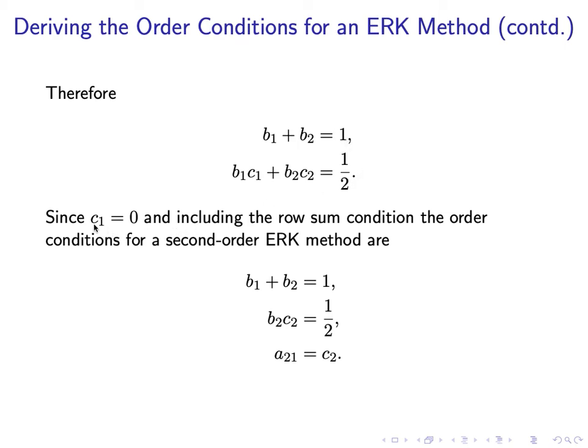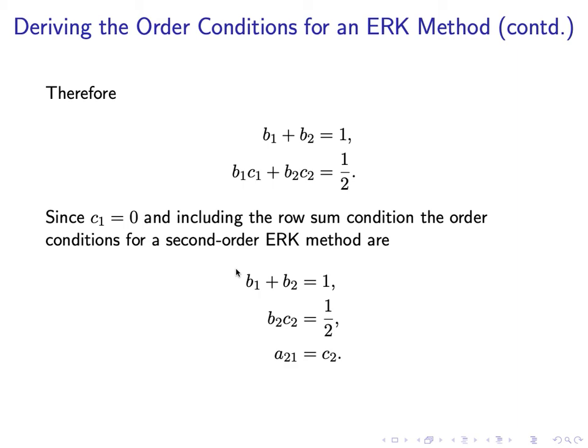Now, as I mentioned earlier, since C1 is equal to 0, and if we include the row sum condition, we have a system of 3 equations and 4 unknowns. So we have B1 plus B2 equals 1, B2 times C2 is equal to 1/2, and we also have the row sum condition, A21 has to be equal to C2. So we've got B1, B2, C2 and A21, so we have 4 unknowns in 3 equations.